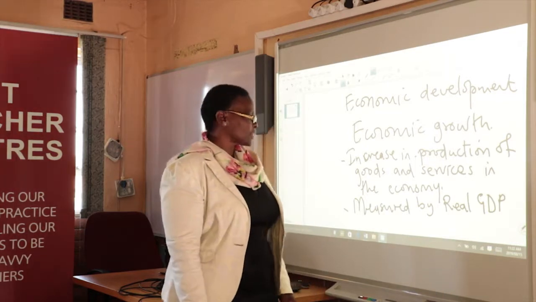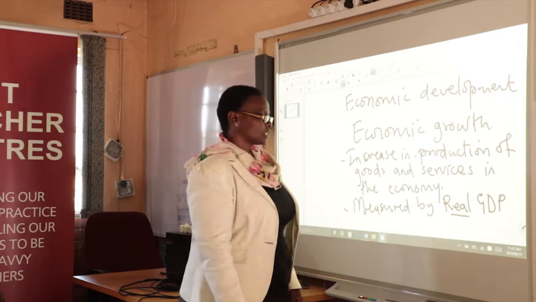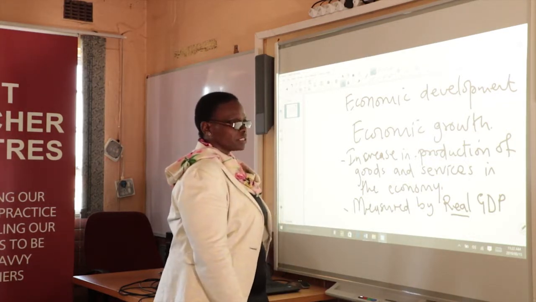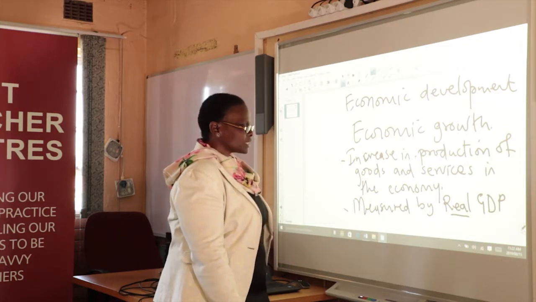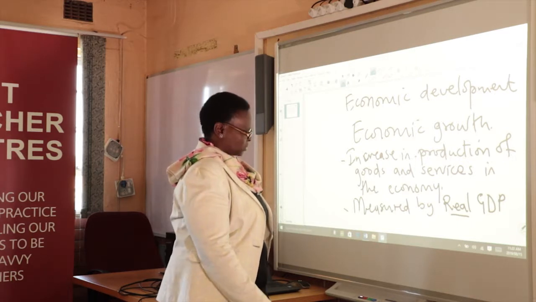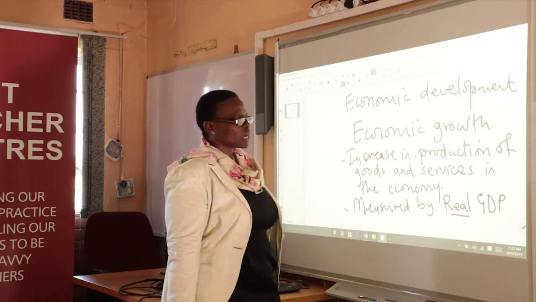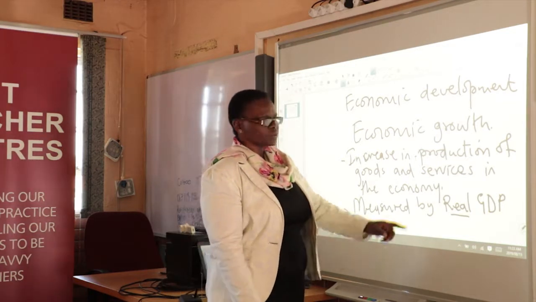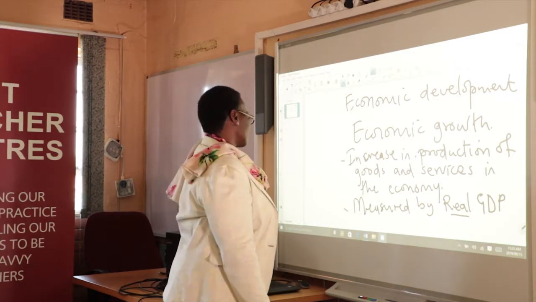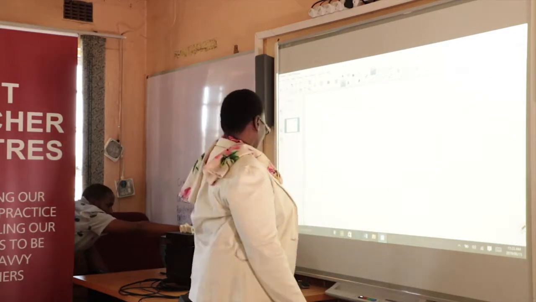Now, we need to emphasize that it is real GDP because nominal GDP overestimates our production in the economy because it is not adjusted to the inflation rate. So the learners should know that every time we use GDP figures, we must always use real GDP figures because that gives us the correct picture of our economy.